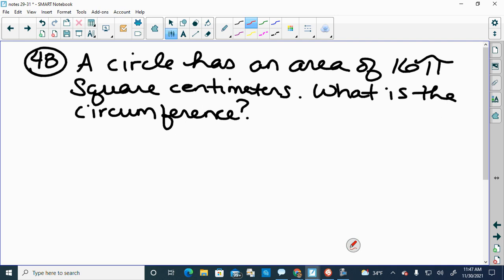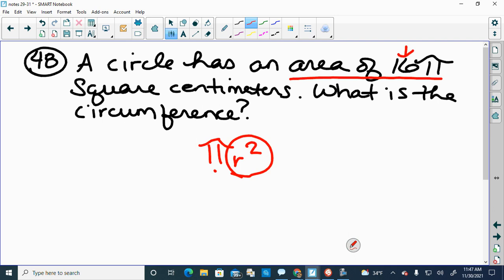So when we're doing that, our formula is pi r squared. Because they tell you what the answer to the area is, they left pi, so they did not multiply it times pi. But this part is the answer to this.